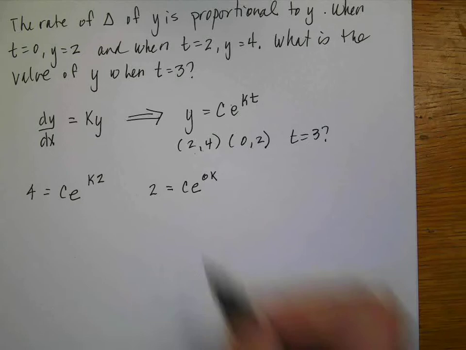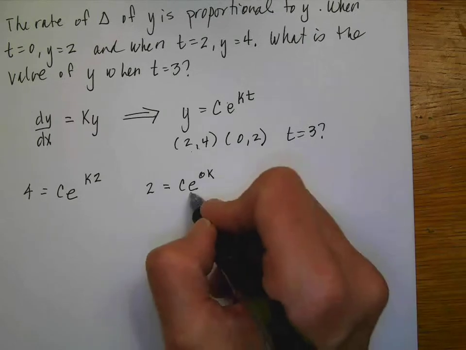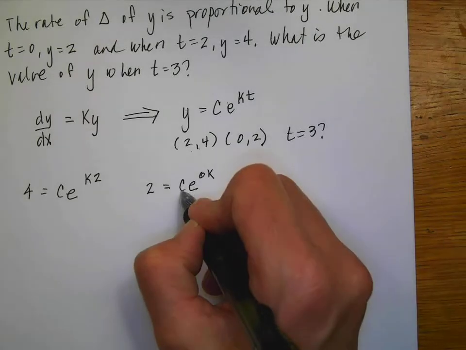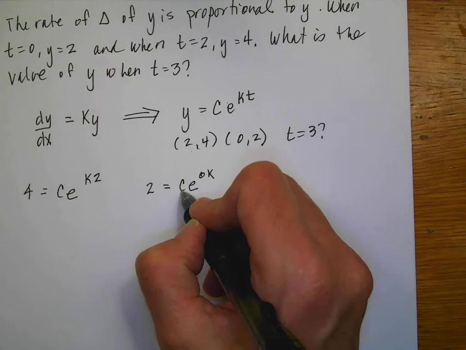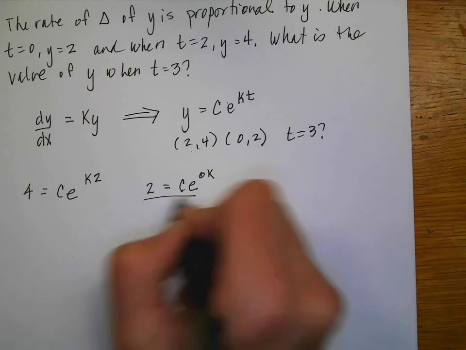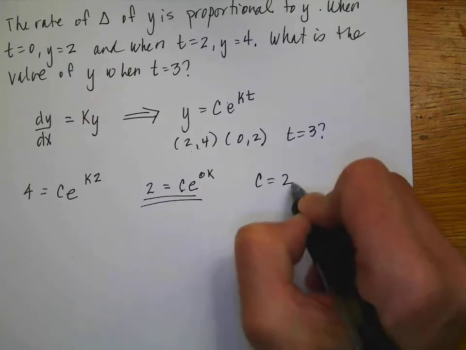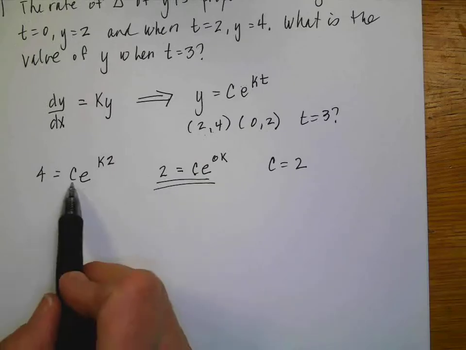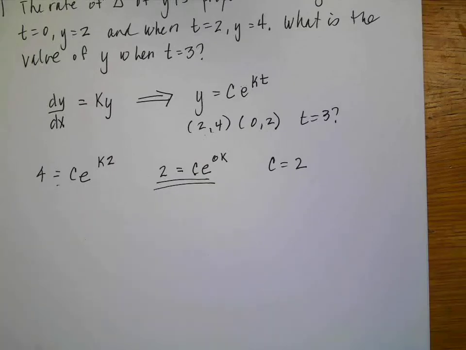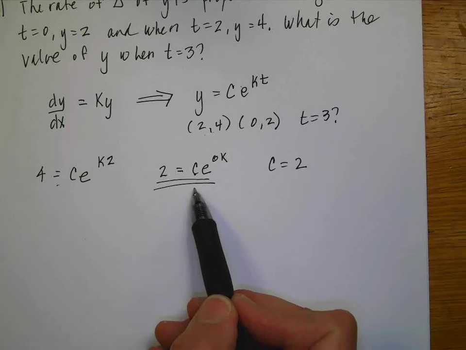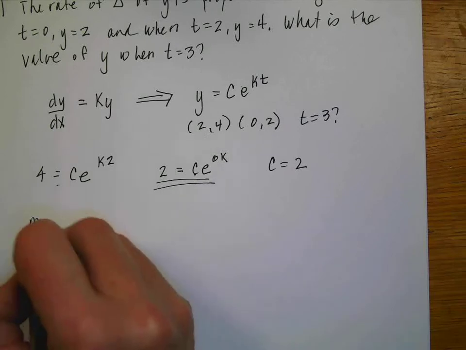Okay, so e to the 0 is 1, so I get c is equal to 2. Ooh, I like this one better. I can get there from here, but I can use both equations, but this is just much simpler.